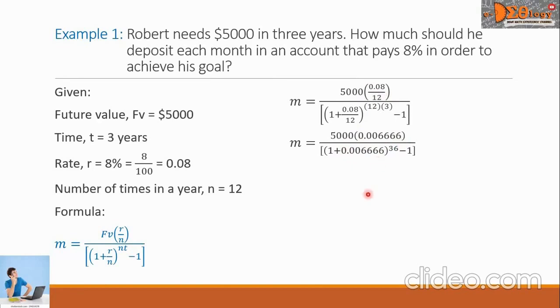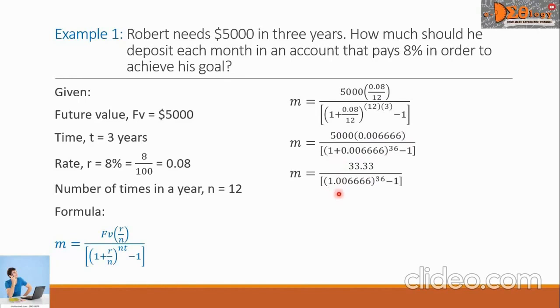In our next step, in our numerator, we will multiply the 5,000 by this decimal. So we will get 33.33. In our denominator, we will add this constant 1 plus this pure decimal. Simply, we will combine them together.